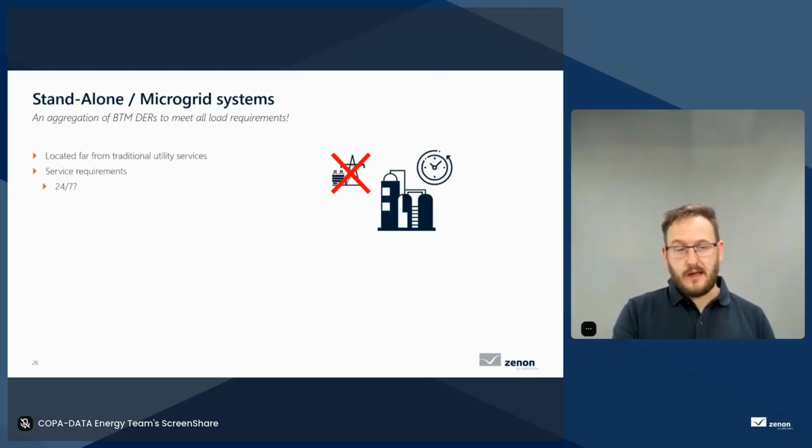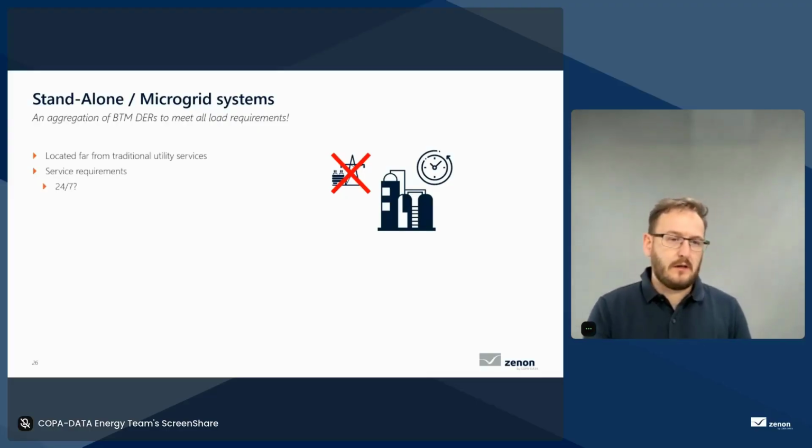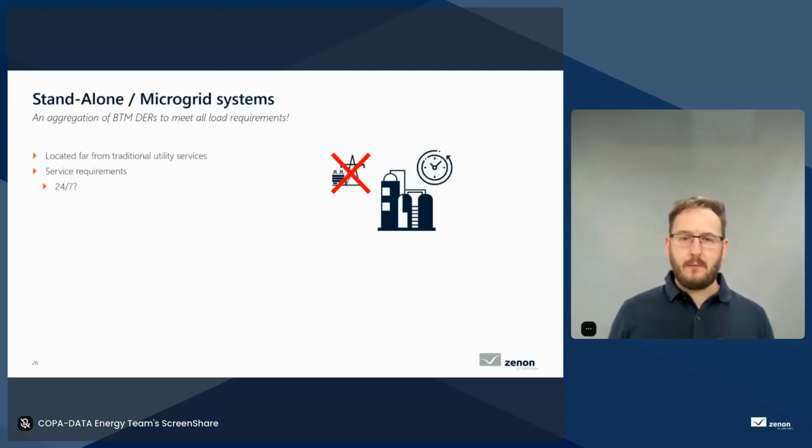We need to consider again what our service requirements look like. Is it a requirement that it's a 24-hour, 7-day-a-week supply, or could it just be throughout certain times of the day or night?